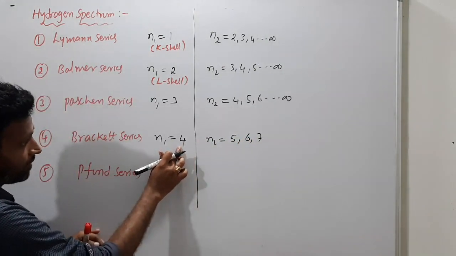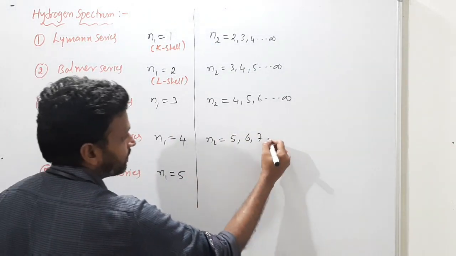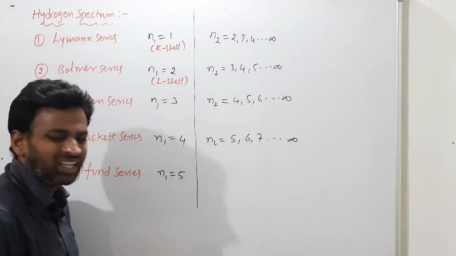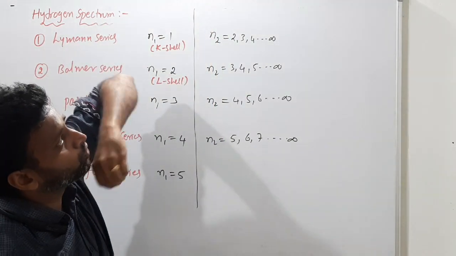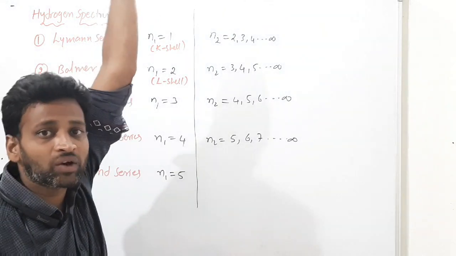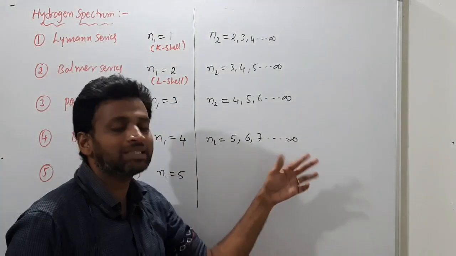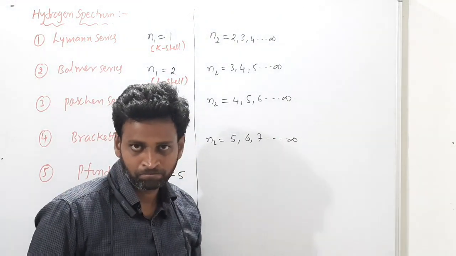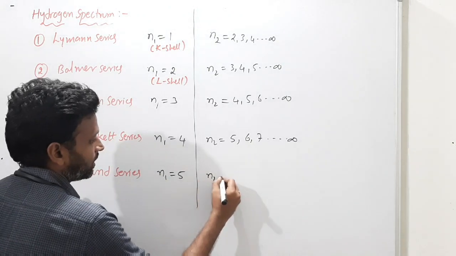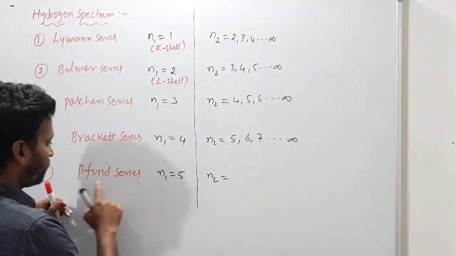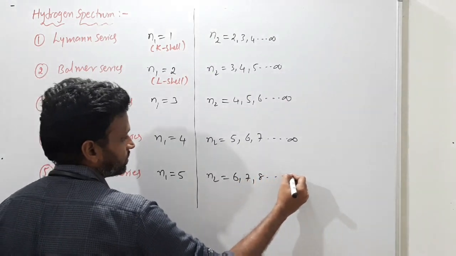If the ground level is 4, the higher level is greater than 4: 5, 6, 7 up to infinity. Why infinity? Some electrons will jump from a very high energy level. We cannot see those, so we assume the higher energy level is infinity. For the Pfund series, n1 is 5, so n2 is 6, 7, 8 and so on up to infinity.